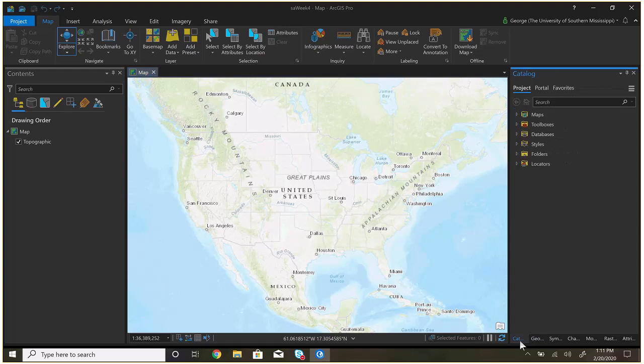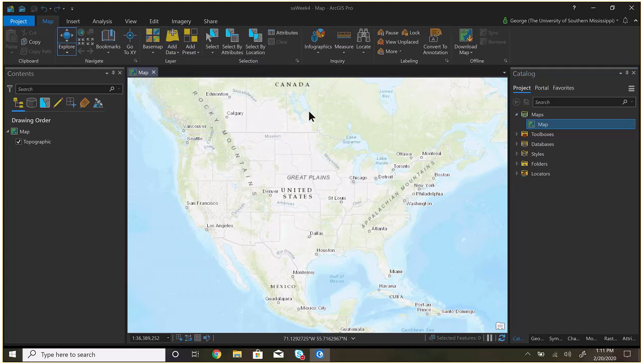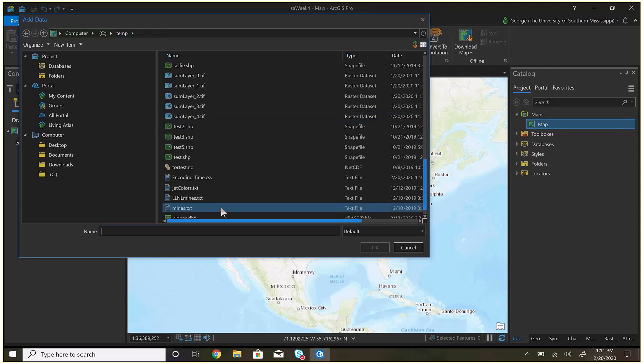Oh, maybe I didn't save it. My computer might have crashed, but this will be pretty easy to do. So I don't even know if I downloaded the European data for the lab.